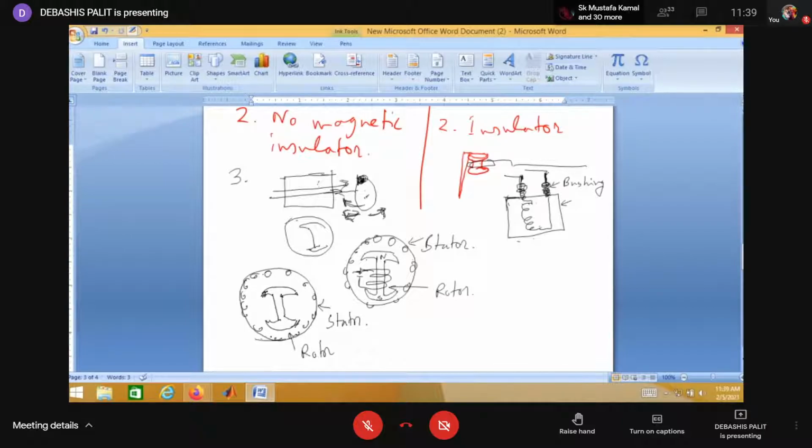Current is flowing and a magnetic field is created, so flux always flows. There is another portion like this, a magnetic core. When current is flowing through a circuit, the flux is created, and it normally flows in this kind of path.